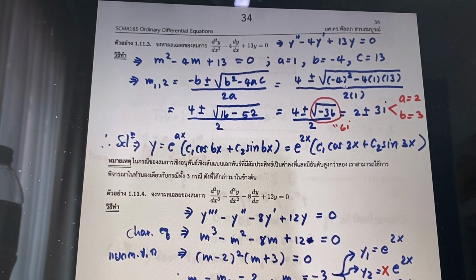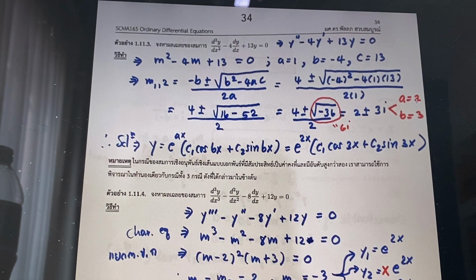Keep plugging in the values. b equal to minus 4, so minus 4, you get 4 plus and minus the square root of b squared minus 4ac, all divided by 2a. Okay, this is what we get. And you can see 16 minus 52 is negative 36. It's actually 6i. So you simplify, you get 2 plus and minus 3i.